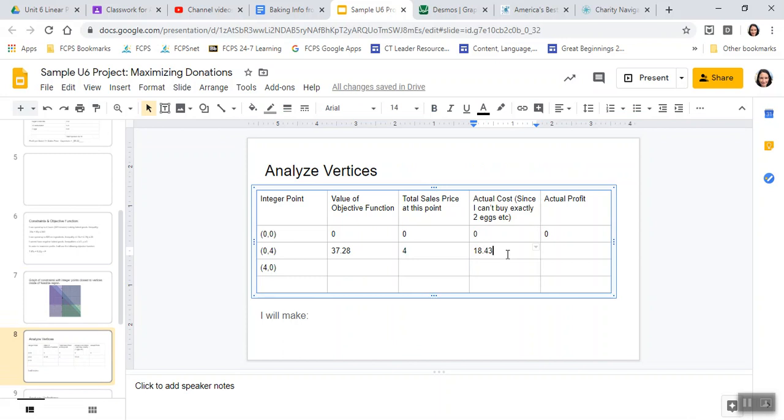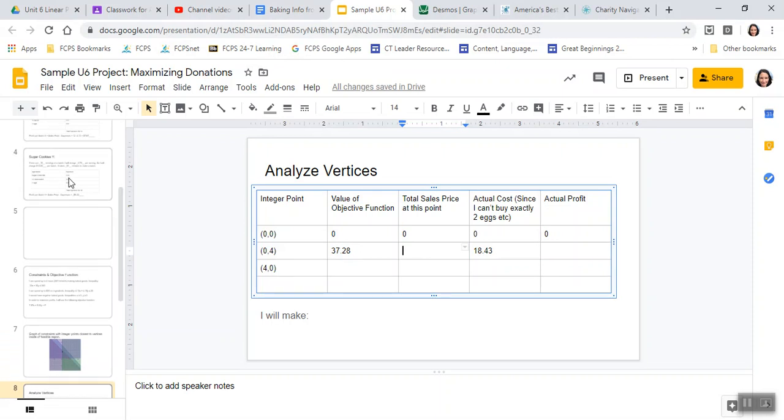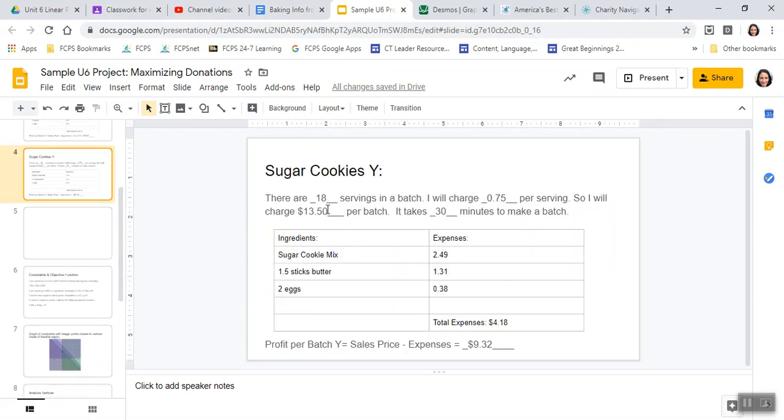Okay, so my total sales price at this point, sorry, I never put my sales price in here, I need to get that. So my sales price was going to be 4 times $13.50.